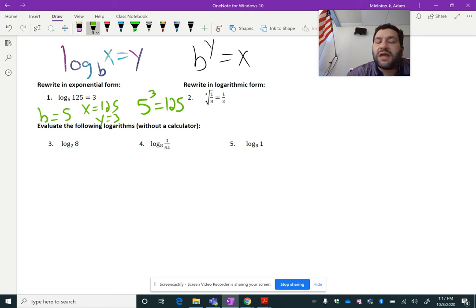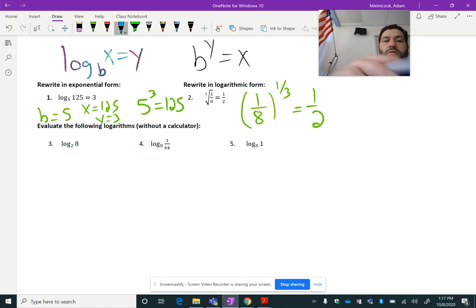All right, let's take a look at number 2. We want to rewrite this in logarithmic form, which first means we want to rewrite it as b to the y equals x. All right, well, what is the cube root of 1/8? It can be rewritten as 1/8 to the 1/3 power equals 1/2.